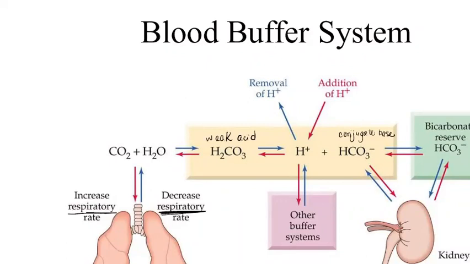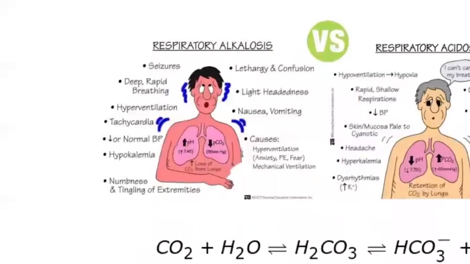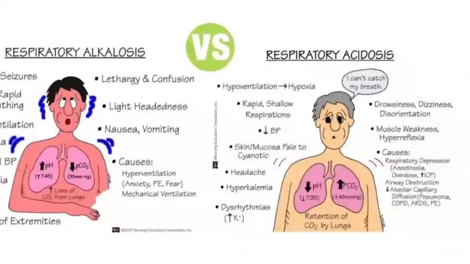Because through the process of respiration, as we intake or as we exhale, we can actually have more CO2 being retained in the body, or we can release too much CO2. So understand that there's certain medical conditions that will affect this blood buffer system. Those medical conditions are known as respiratory alkalosis, which is what we have on the left, and then we have respiratory acidosis.